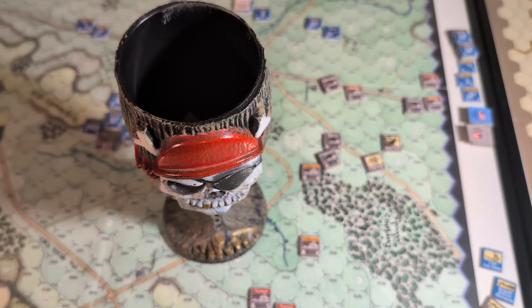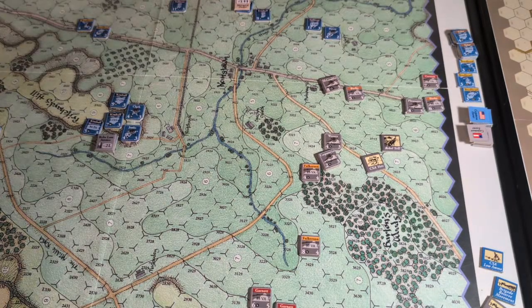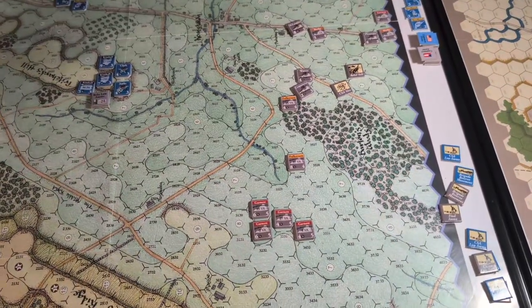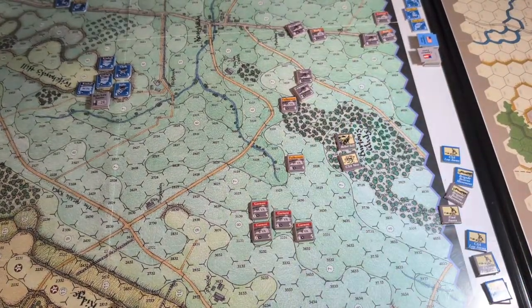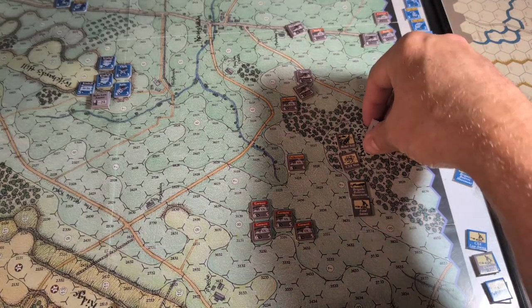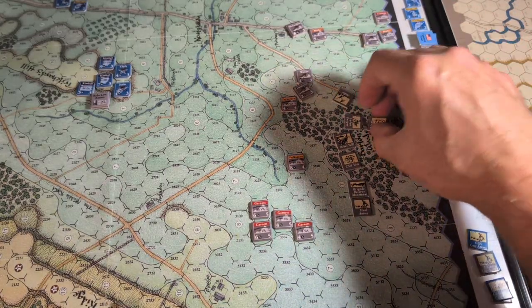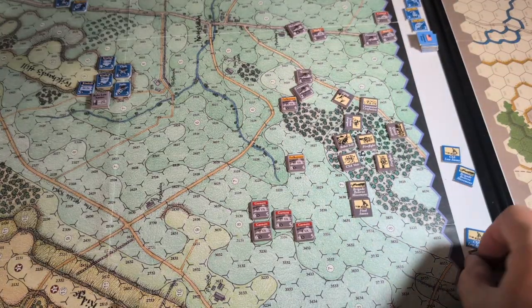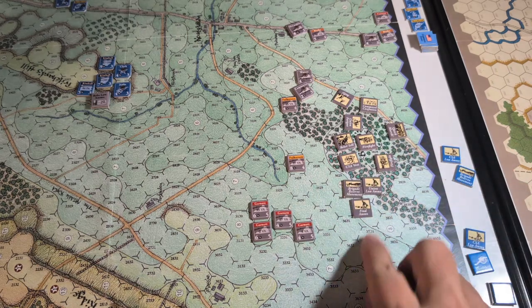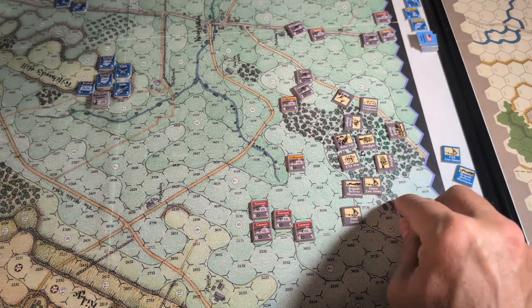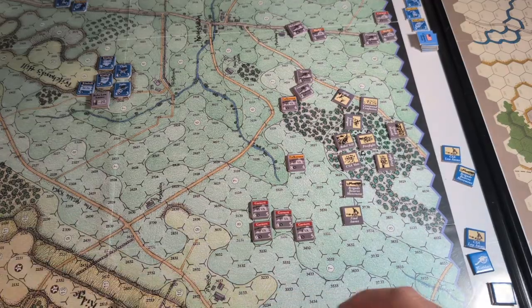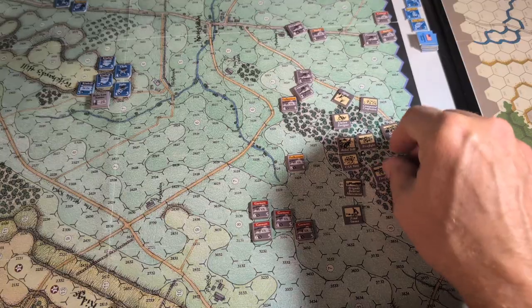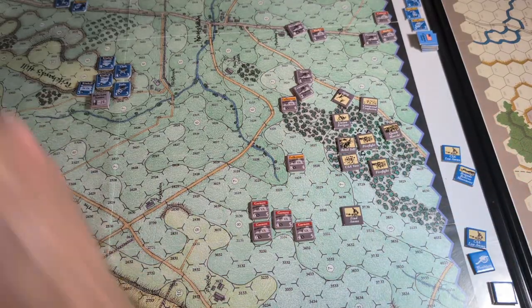okay. And now we've got to choose. At least I couldn't use those. We want to put low ammo and brigade reserve movement.